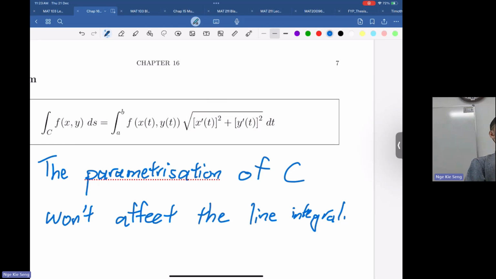So this is what we call well-defined. It is well-defined because every time you want to do a line integral, you need to pick a parameterization. But if I pick a different parameterization, does it give me a different line integral or not? The answer is no. So this line integral is well-defined. Make sense? Try and go back and compute this example.